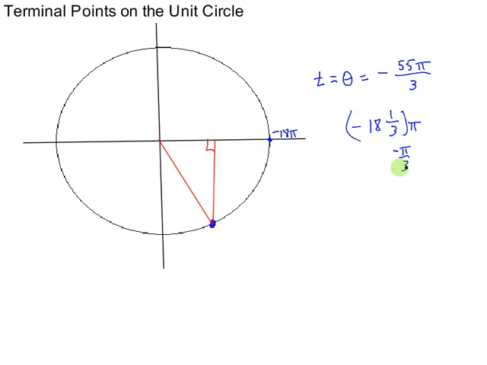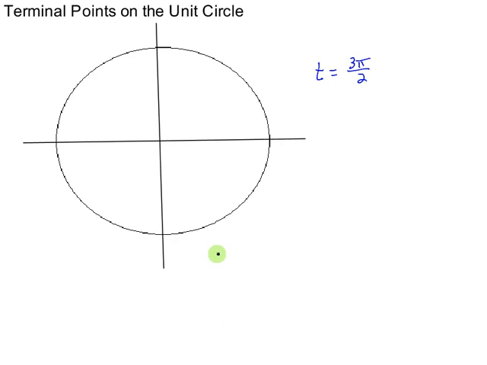And since this is a pi over 3, this is a 60-degree reference angle. And so the hypotenuse again is 1, so this is the 1/2 now, and this is the square root of 3 over 2. The 1/2 is to the right, so it's positive. The square root of 3 over 2 is down, so it's negative. So the terminal point in this case is x is 1/2, y is negative square root of 3 over 2. Okay?